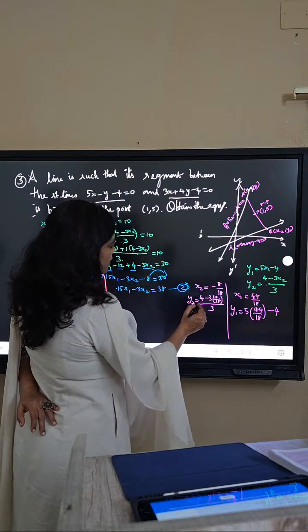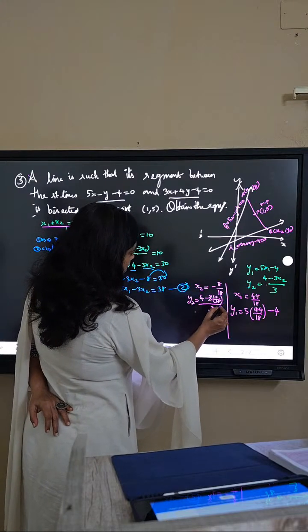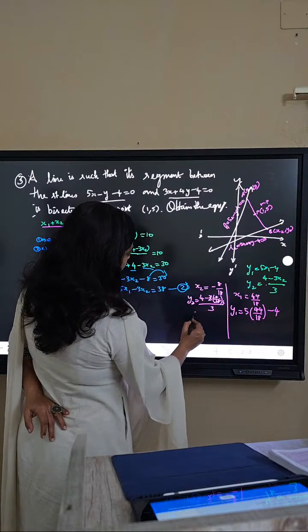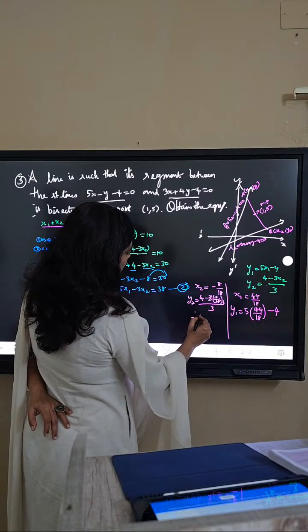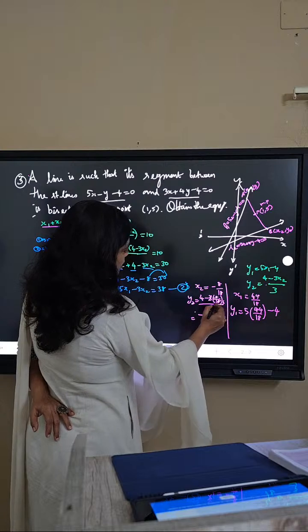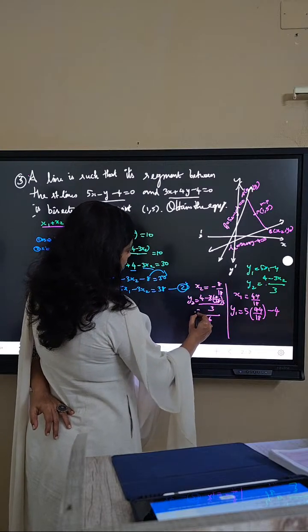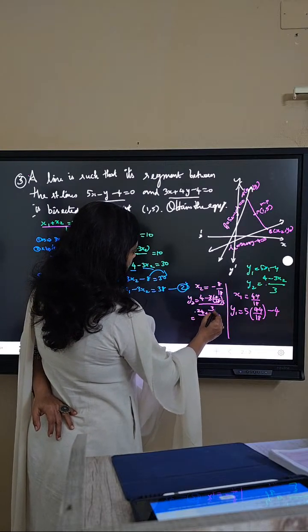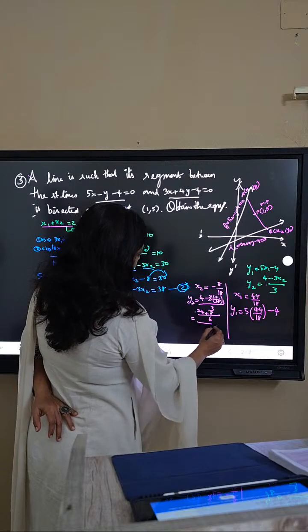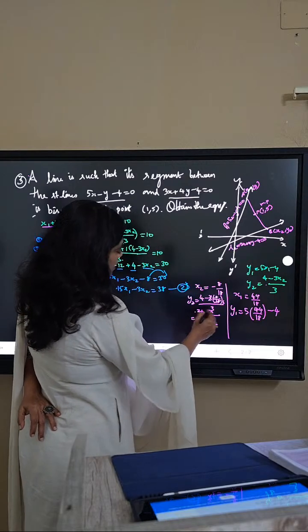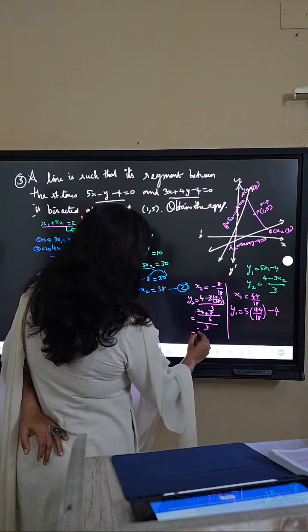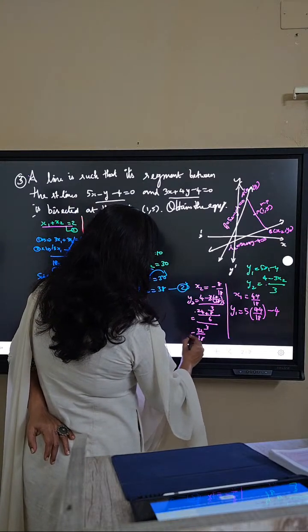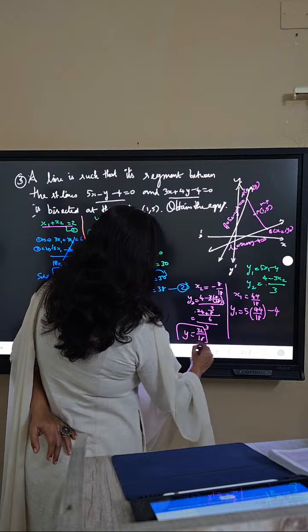So you can simplify this. This 3 and 18 get cancelled, so it will be 6. Minus and minus will be plus. If you take an LCM, 6 is the LCM, 24 plus 8 over 3. So 24 plus 8 will be 32 by 18. So y2 is 32 by 18.